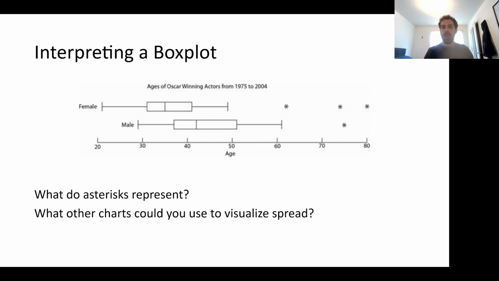A lot of people are less comfortable with box plots. There's other ways you could show this besides a box plot to make the same point, although box plots are very common in statistics. I want you to think about some of the other charts you might use to make this same point, that men tend to be older than women at the point at which they win an Oscar during this time span.